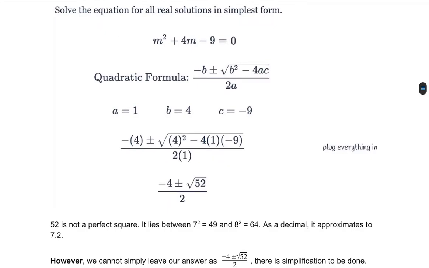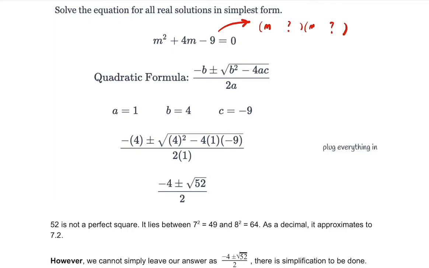If we have m squared plus 4m minus 9, the reason the quadratic formula is helpful is you can sit here and you can bang your head against the wall as long as you like. You're never going to really come up with two numbers that multiply to make negative 9 but add to make 4. And the reason for that is because they don't end up being rational numbers. They end up being square roots that we cannot simplify any further.